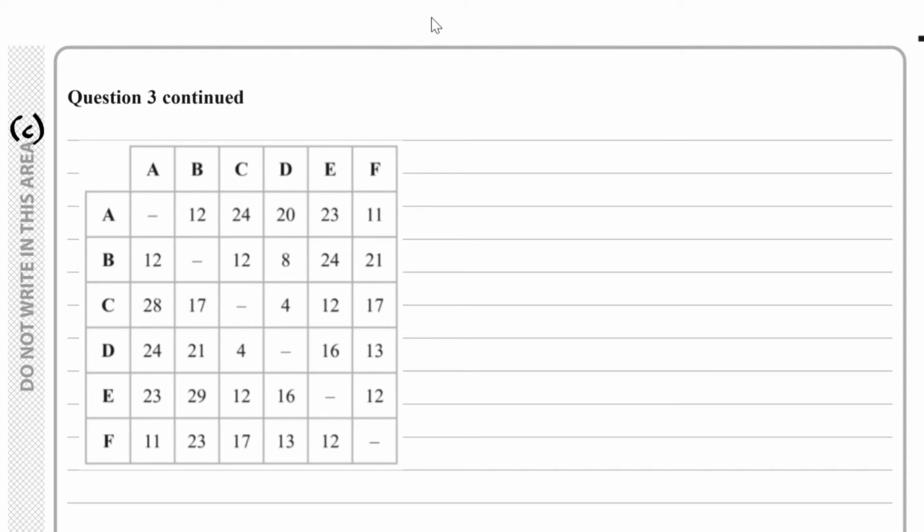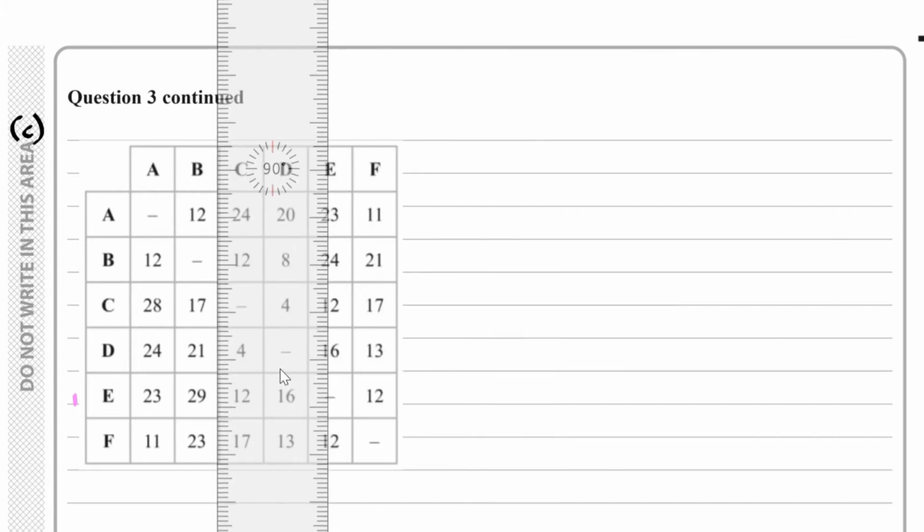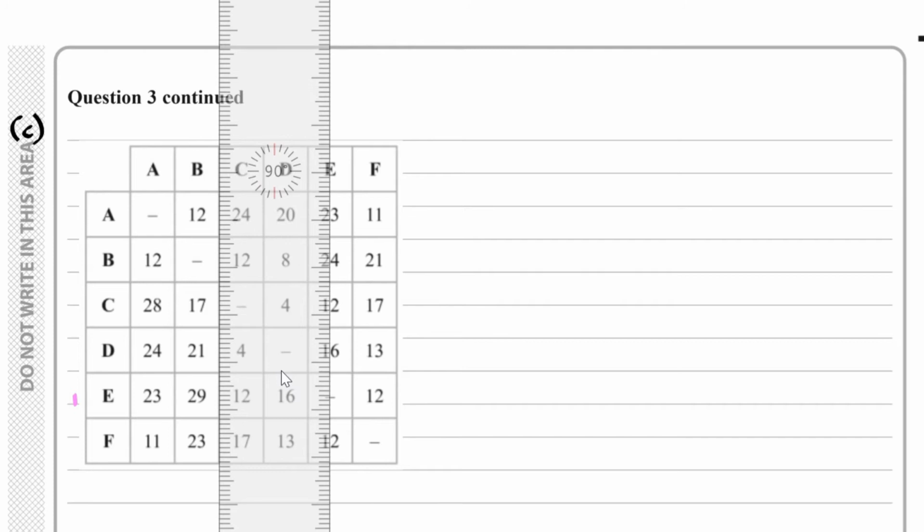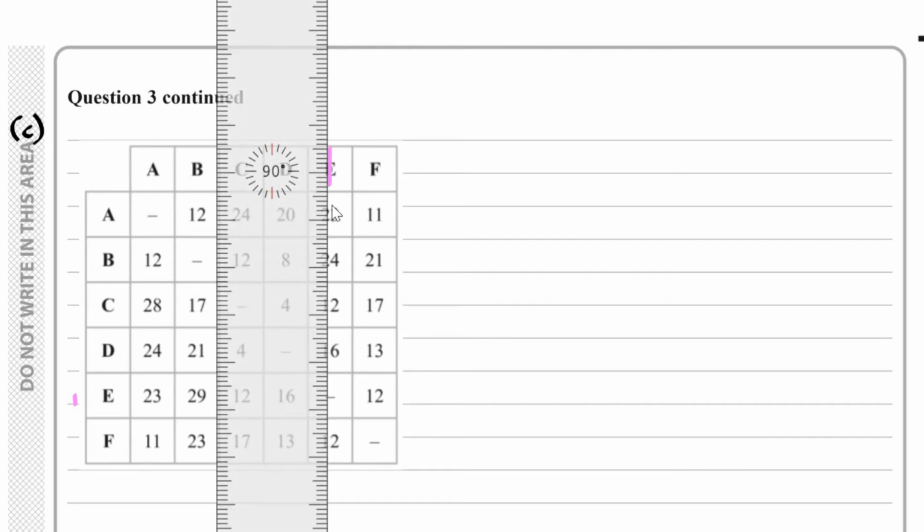So we start off at E. So we place a 1 next to the E, and then we delete the entire column of E, as we see here.